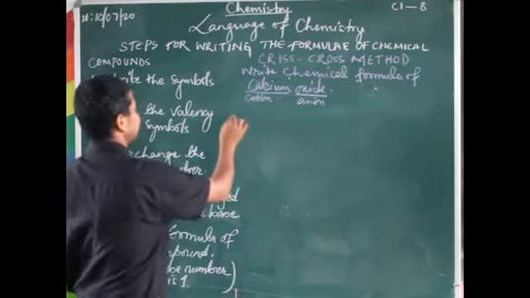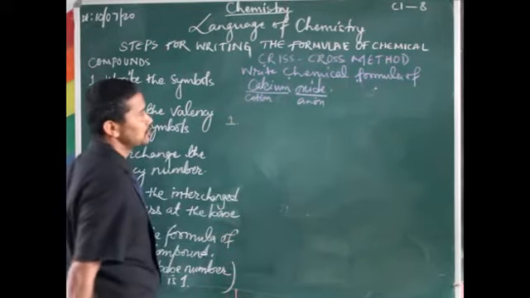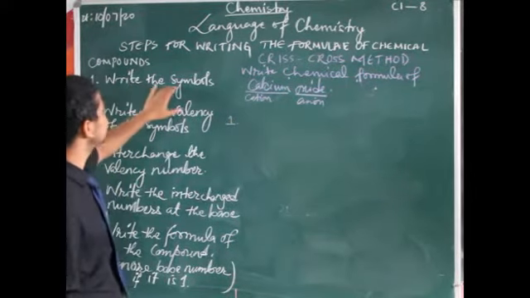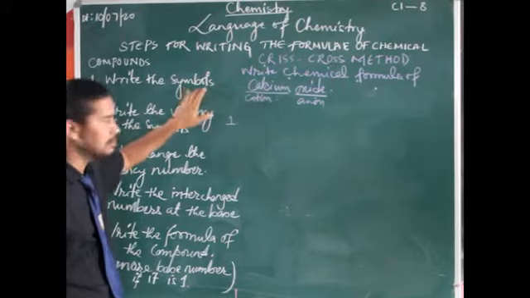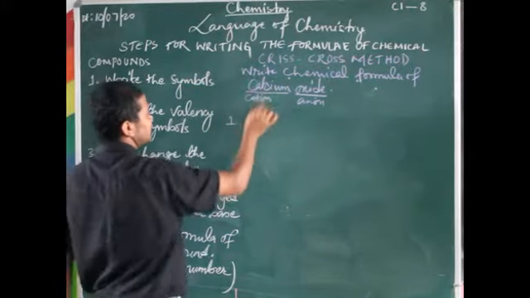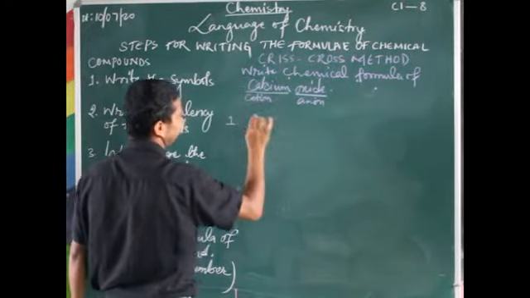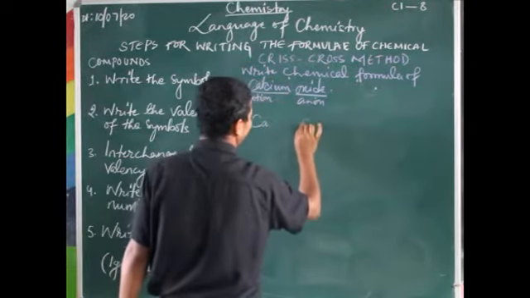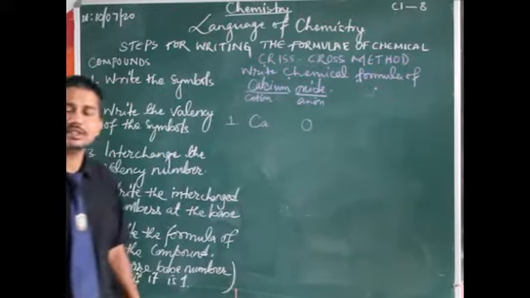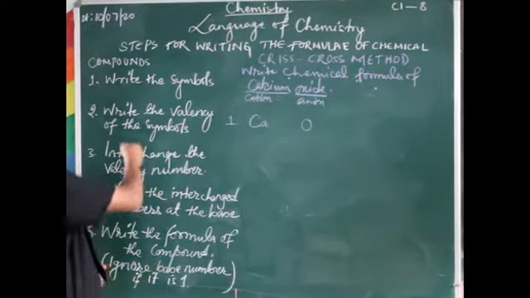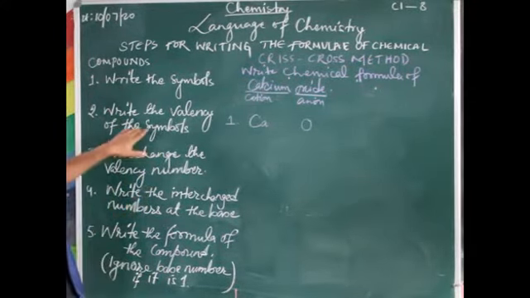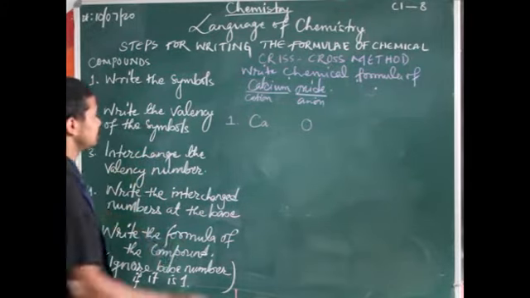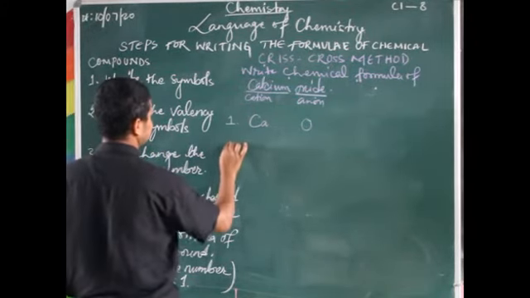Now step number 1. What you will be doing in step number 1? Write the symbols. So what is the symbol for calcium? Ca. And what is the symbol for oxide? O. That's it. Step number 1 finished. Then go to step number 2.